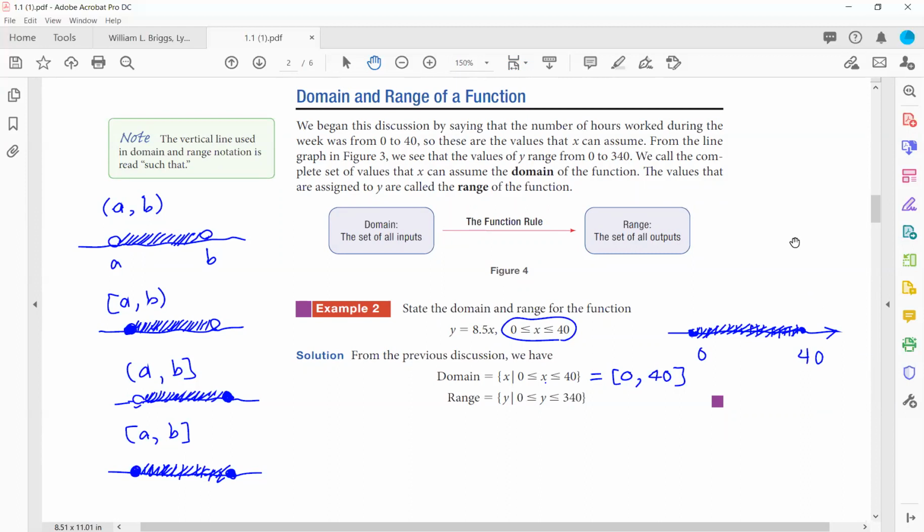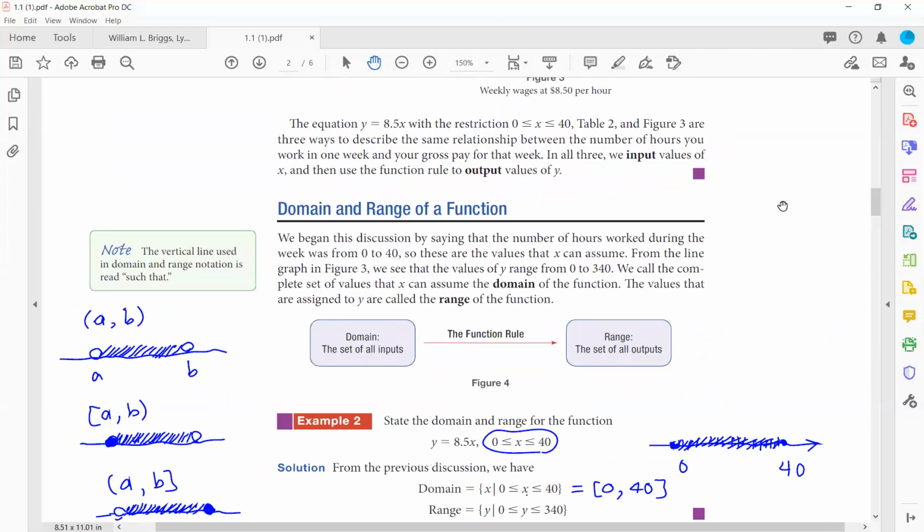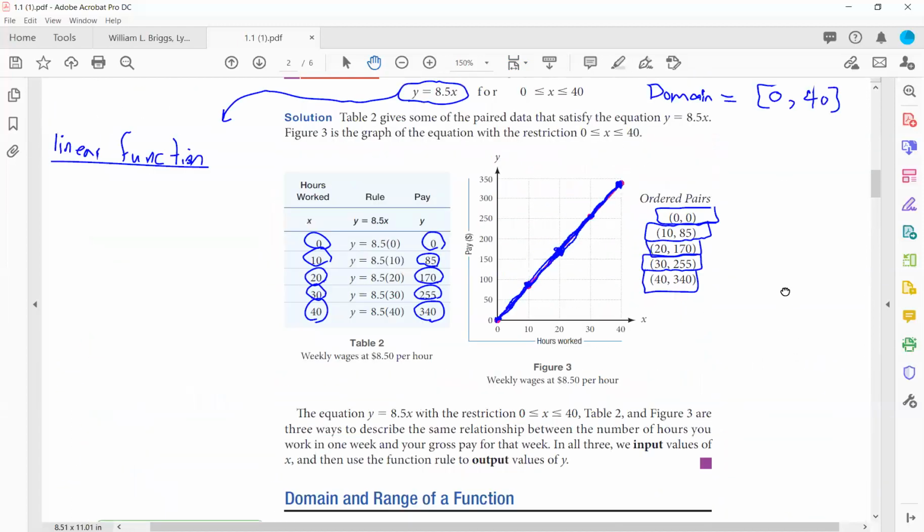How about the range? Let's get back to the table here. X values, the domain, and Y values, the range. For Y values, the range, the smallest value is 0, and the largest value is 340.